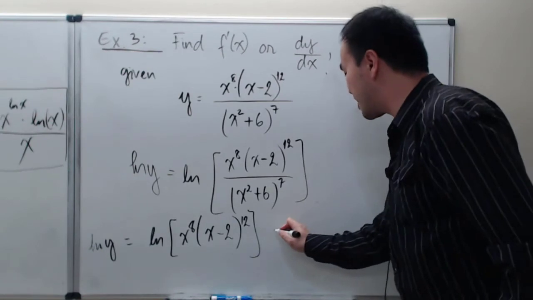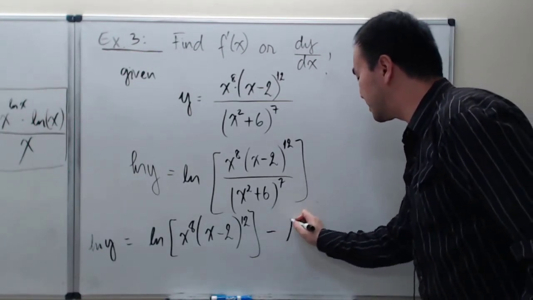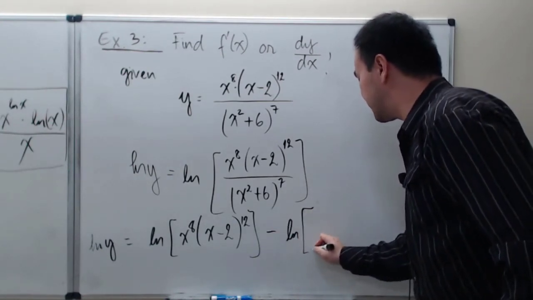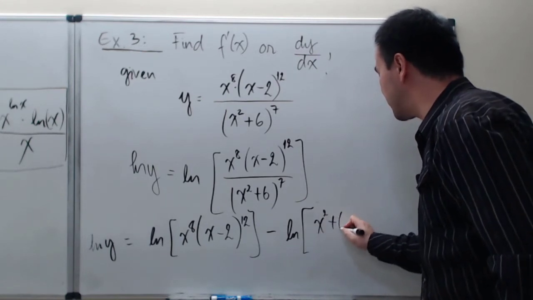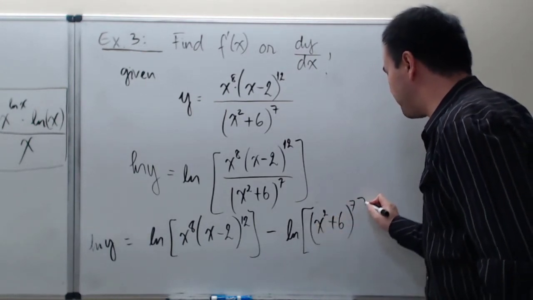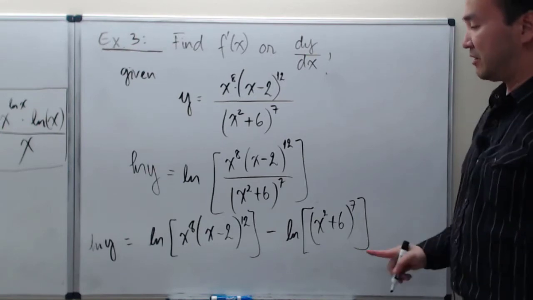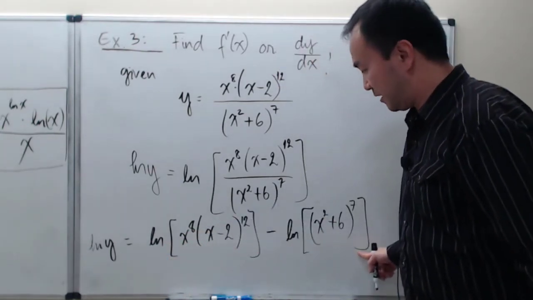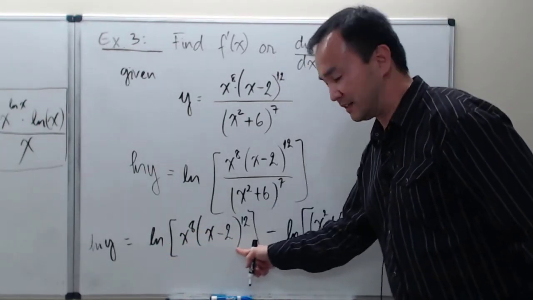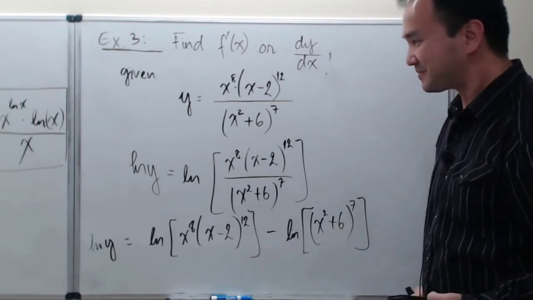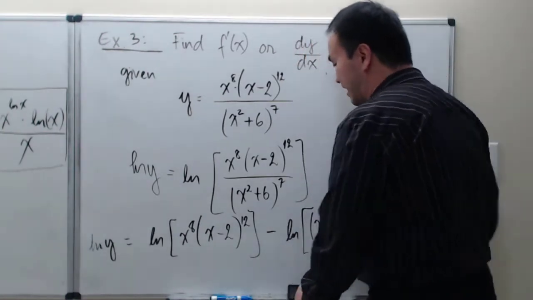And now I'm going to subtract the logarithm of x squared plus 6 in quantity to the 7th. Okay, and so now we have two logs, but at least each of the logs is involving less stuff, so we have less to worry about in each of our log terms right here.